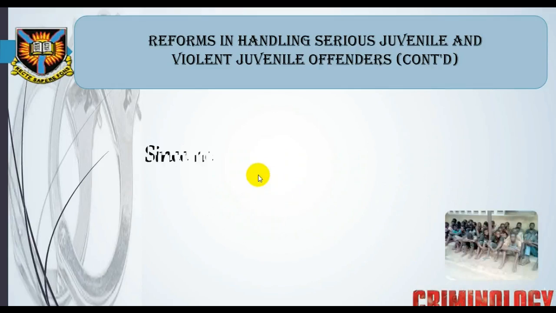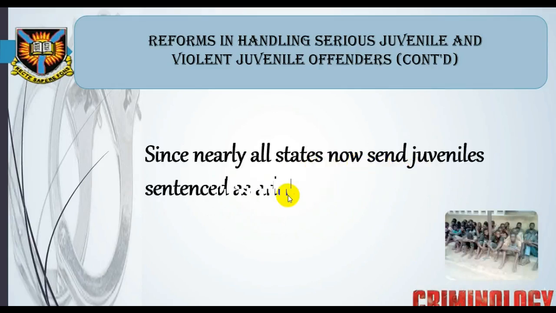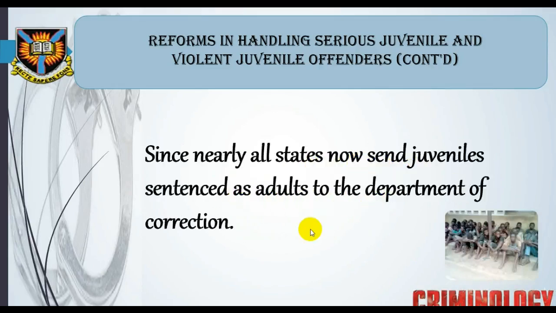3. State correctional administrators are faced with increasing pressures to develop new programs for juveniles. Since nearly all states now send juveniles sentenced as adults to the Department of Corrections, this means that there are more young inmates whose need and vulnerability require special attention.